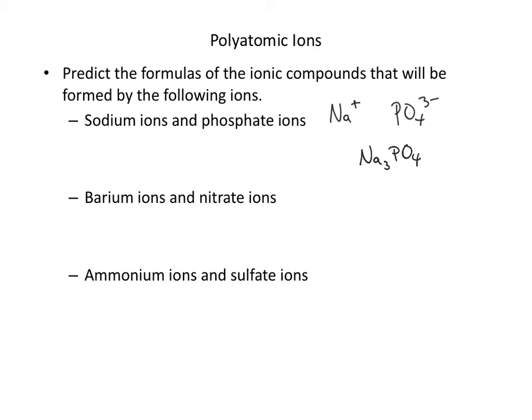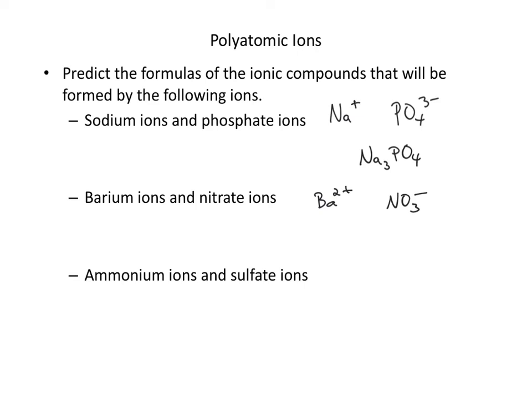Alright, if I do the ionic compound formed between barium ions and nitrate ions, well, barium, if you look at your periodic table, is an alkaline earth metal, so I know it's going to be +2. If you look up nitrate in the table, it's NO3-. So for every 1 barium, I'm going to need 2 nitrates in order to make that compound neutral.